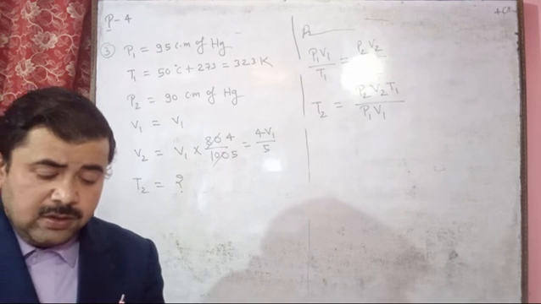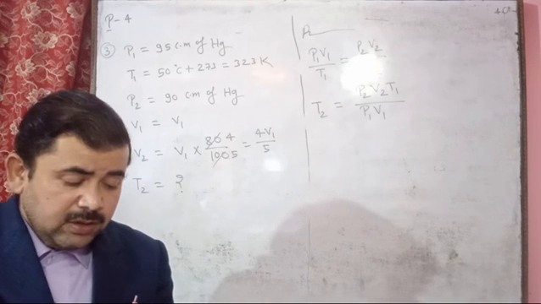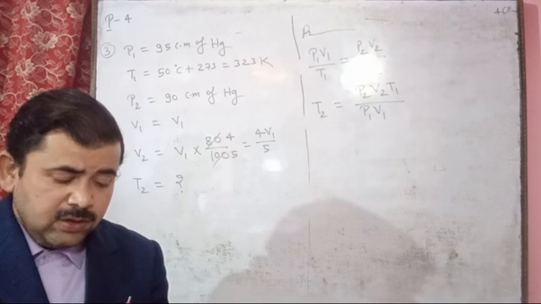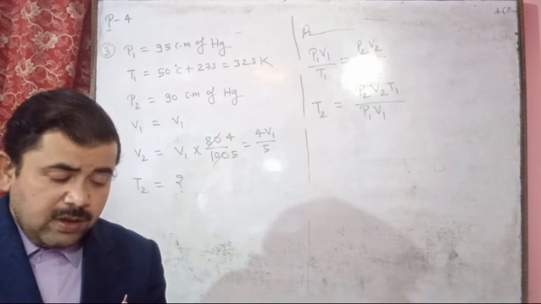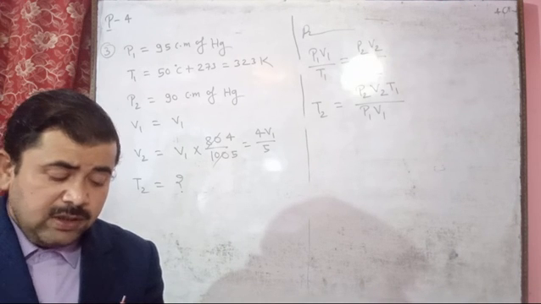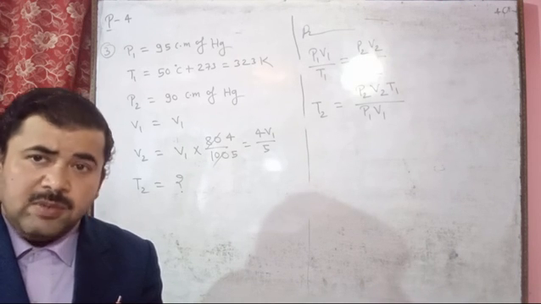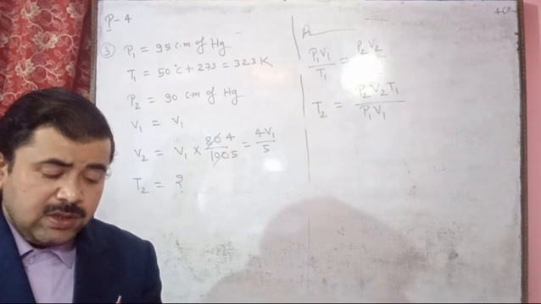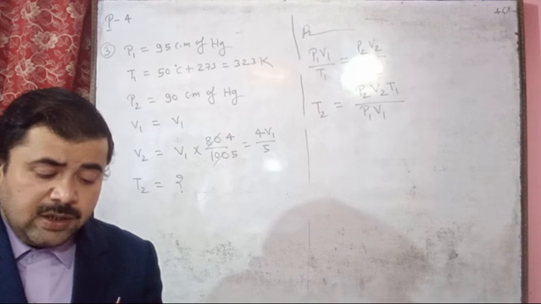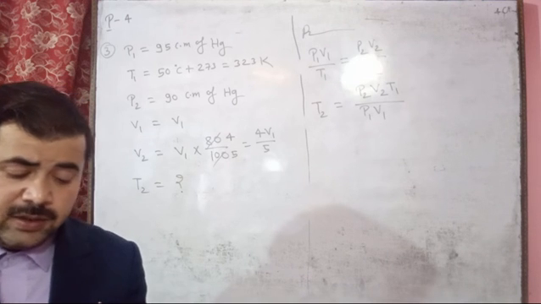So 15 degrees Celsius is T1, which you will change into Kelvin. If the original volume is 1000 cc, which means 1000 ml, this is V1, and we can also write cc. Calculate the temperature to which it should be heated.